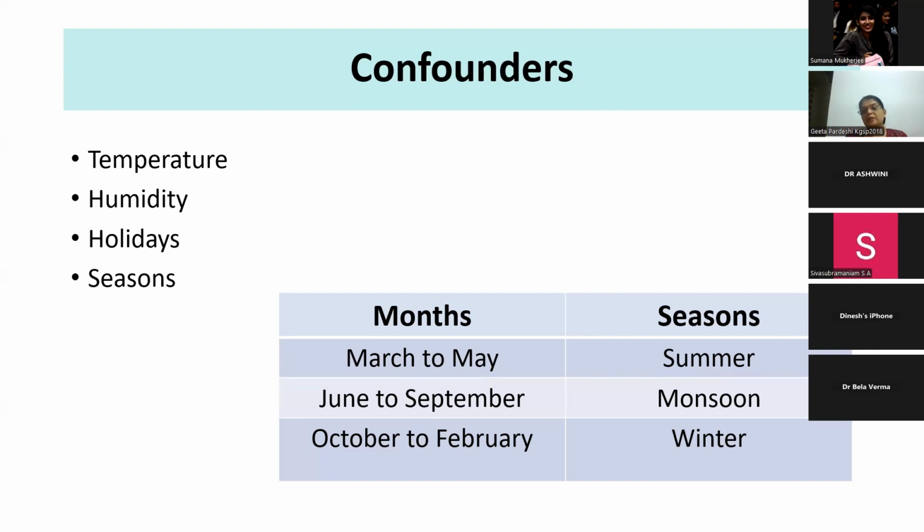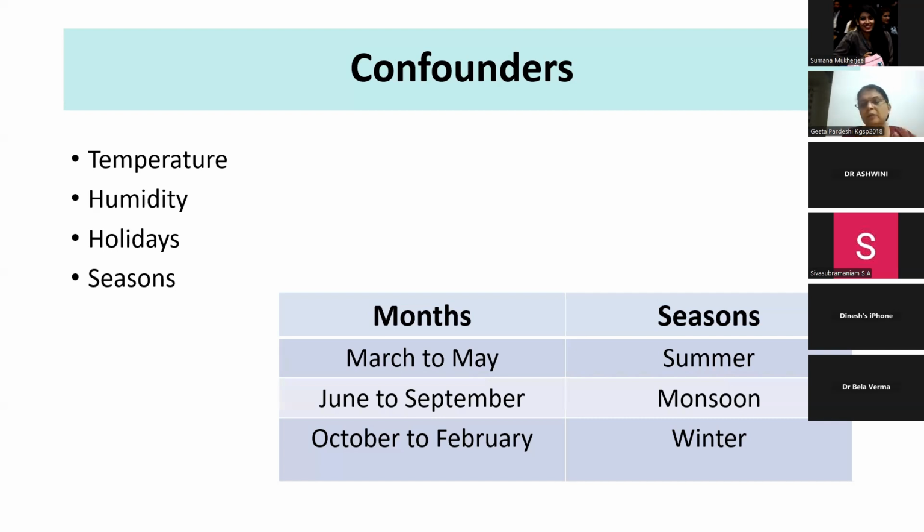The next thing is, again, what we did with the exposure and outcome. For a confounding variable also, we have to define, categorize, and find sources of data. For this association, we have just taken seasons as a potential confounder.